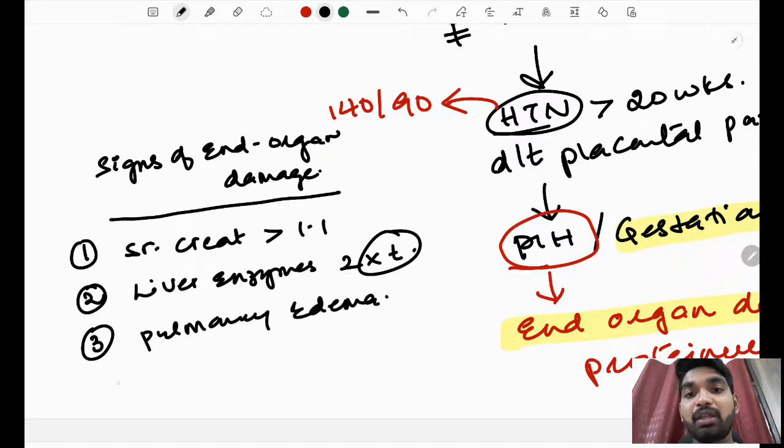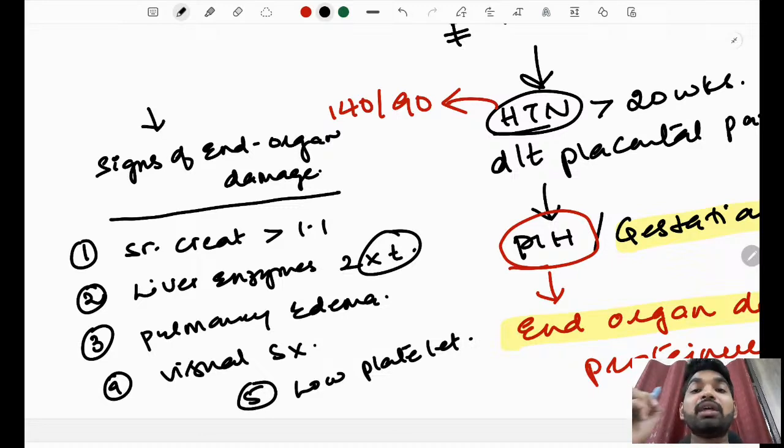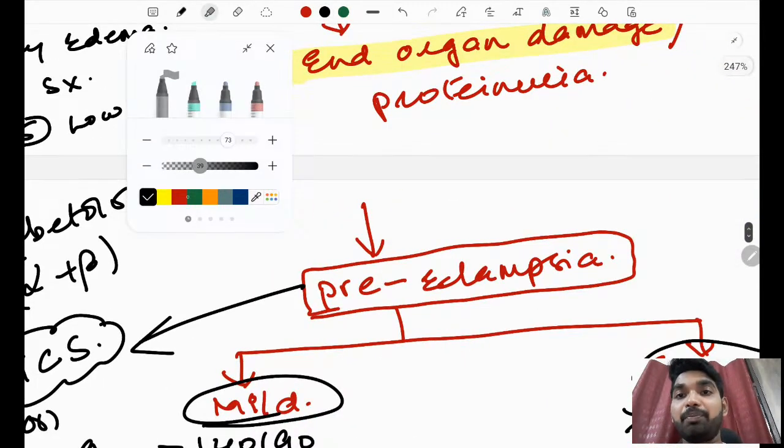The fourth one is visual symptoms, and one more is low platelet count, thrombocytopenia. If you see these symptoms in any case of gestational hypertension, then you are not going to call it gestational hypertension. Immediately the diagnosis will get changed to pre-eclampsia.